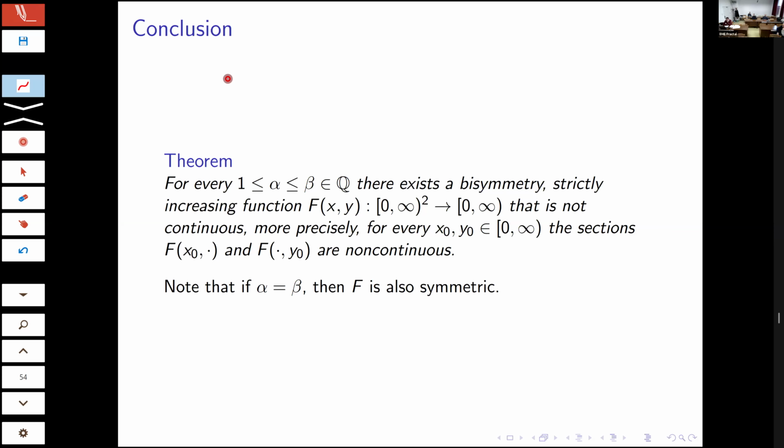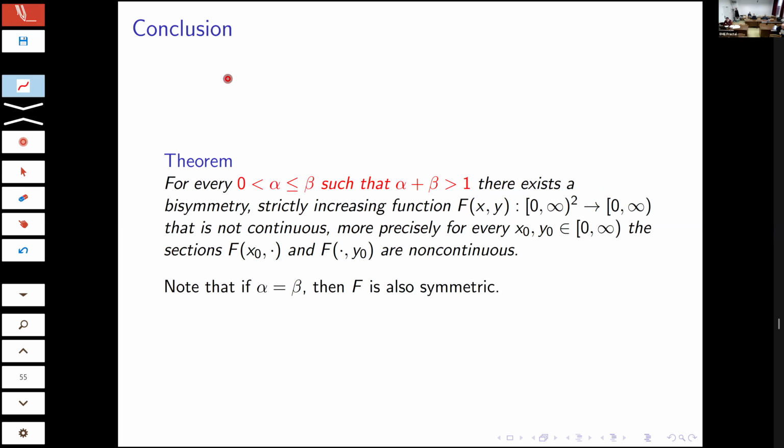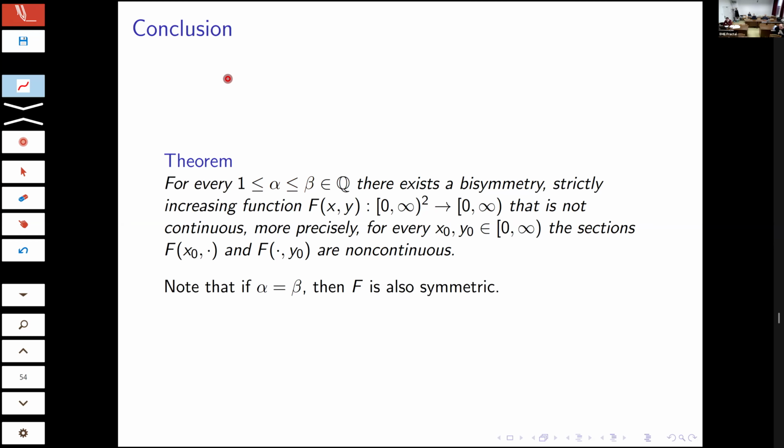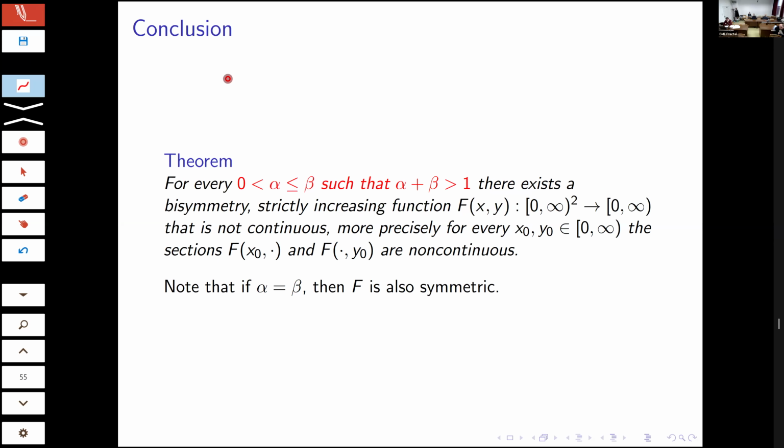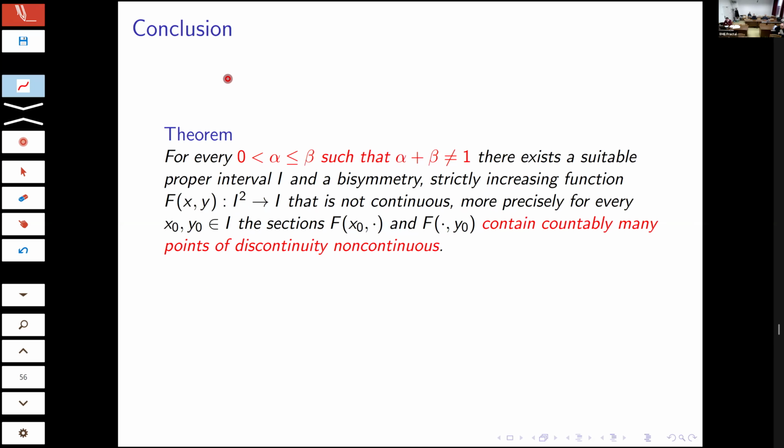Symmetry is not an important property in this construction, we can make it a bit stronger. It is not needed that they are bigger than 1, but the sum should be bigger than 1. Not too much, but you can also make it stronger so that the sum is not 1.